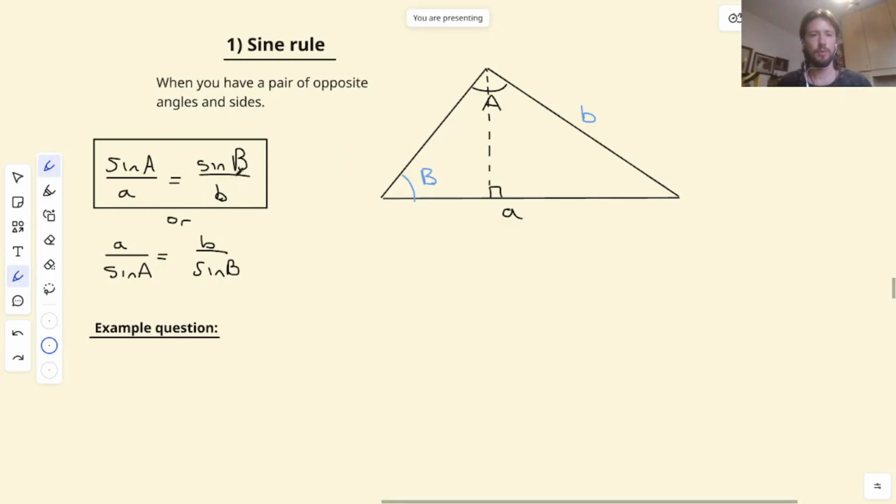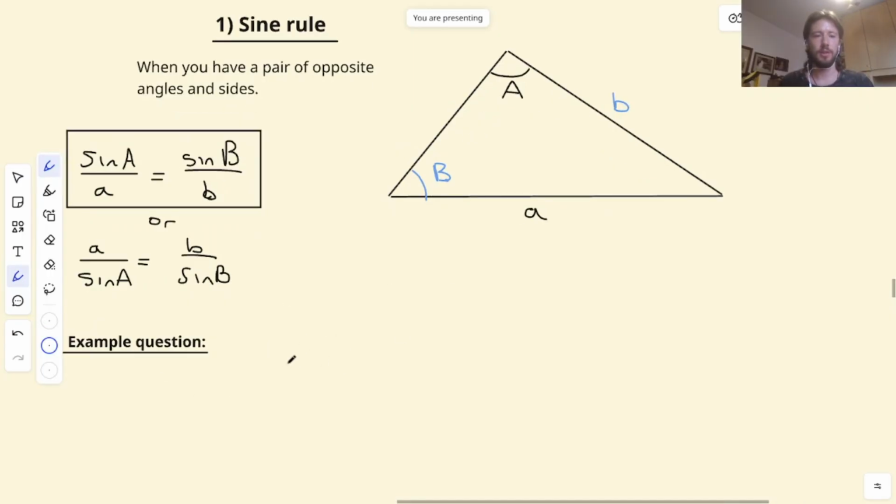Of course, if you do the inverse, like 1 over both sides of this equation, you might see the equation in this form. They are just the equivalent equation. Now, I will not be going through the proof because it's not necessary in order to be able to use this sine rule.